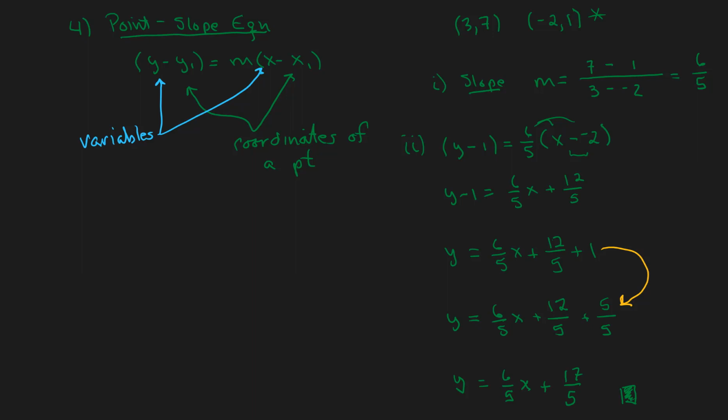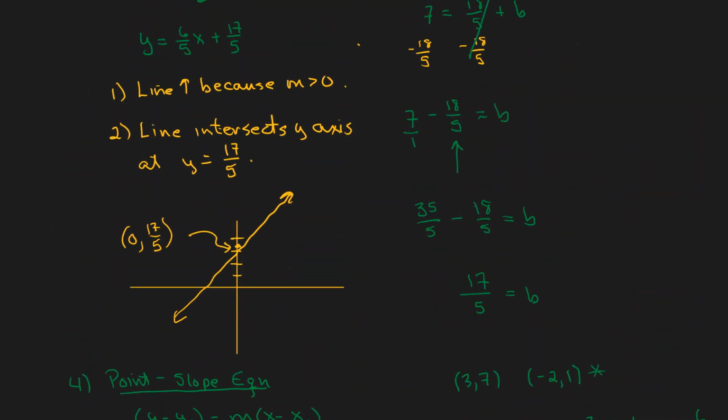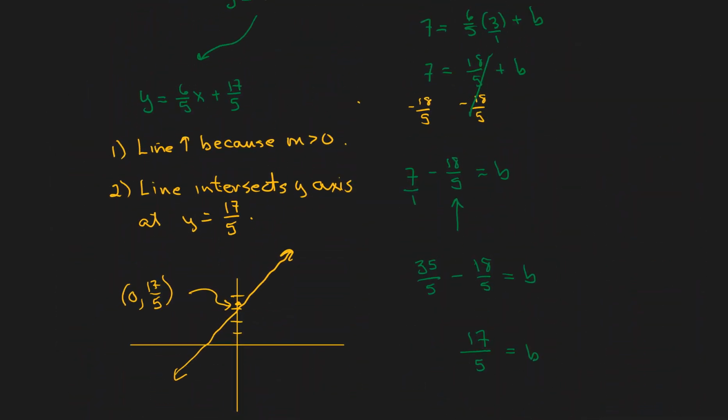So that's the end of that one. If we go up to the previous example, notice we came up here on the left-hand side with the same equation, 6/5 x plus 17 over 5. Either way, you'll get the same situation.